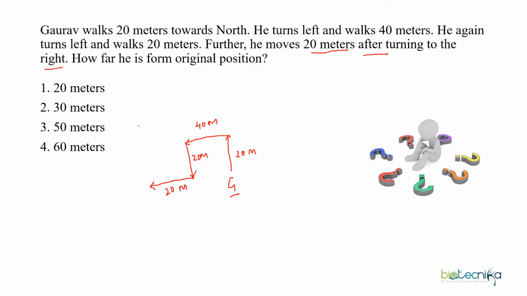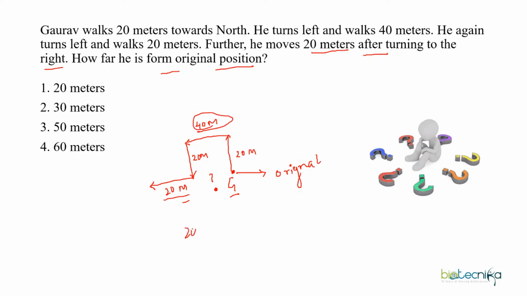Okay. Now the question says how far he is from the original position. That means this is the original position of Gaurav, right? This is the original position. So this is 20 meter, this we have to determine. So that means 20 meter and this 40 meter.